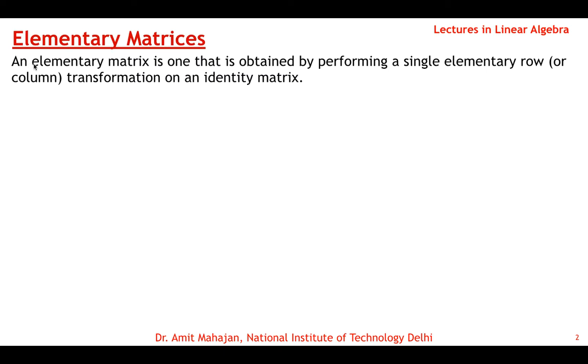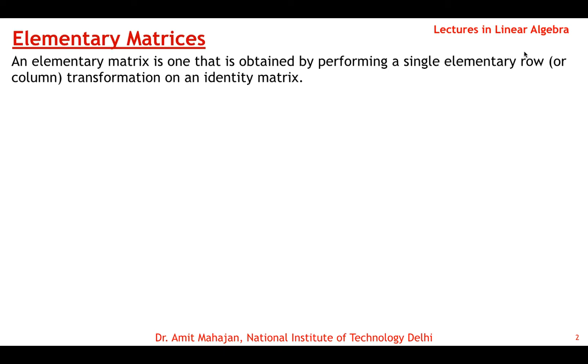An elementary matrix is one that is obtained by performing a single elementary row or column transformation on an identity matrix. As I said, there are three elementary transformations: interchange of rows, multiplying any row with a non-zero constant, or adding a constant times one row to another row.